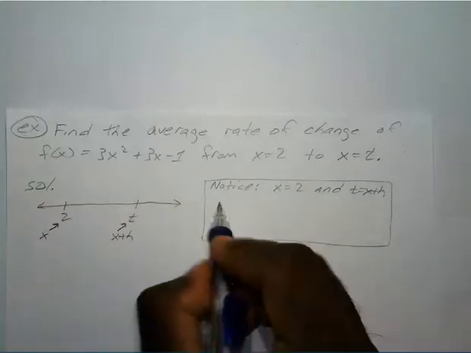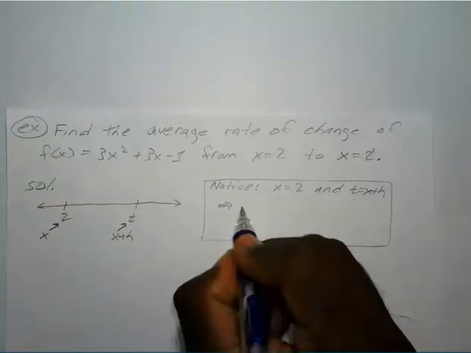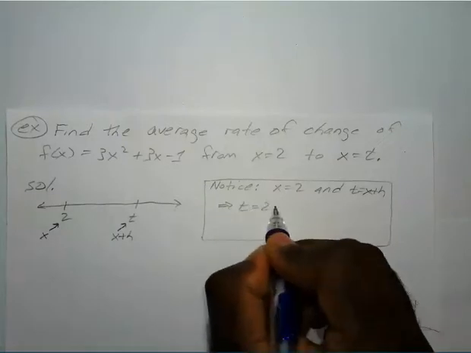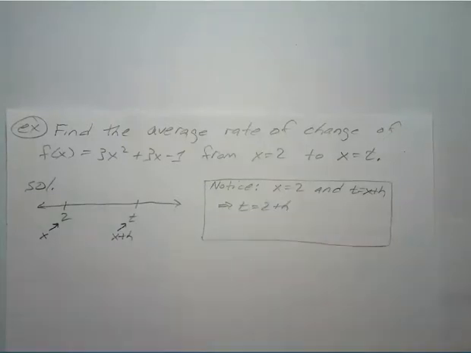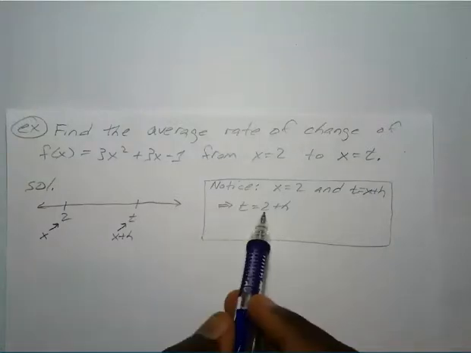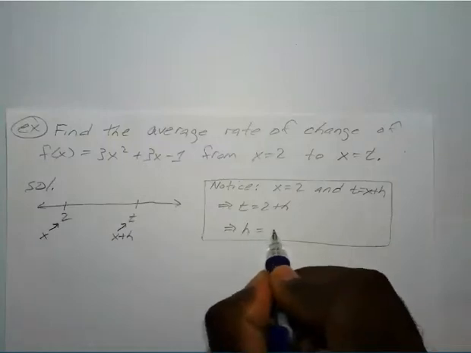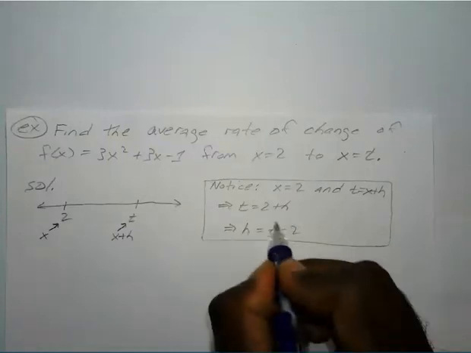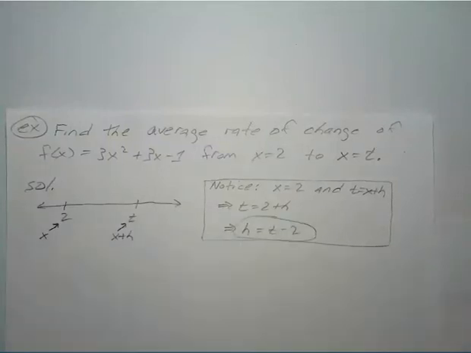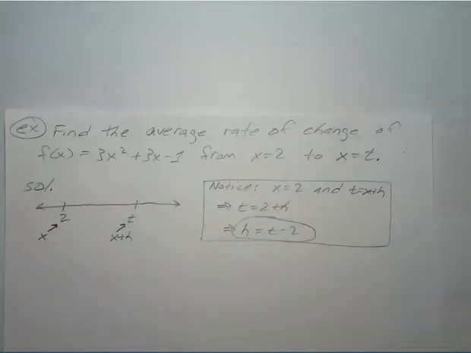So if x is equal to 2, that means that t is equal to 2 plus h. So we solve for h, we subtract 2 on both sides. So h is equal to t minus 2. Alright, so that helps. Now we have our h.